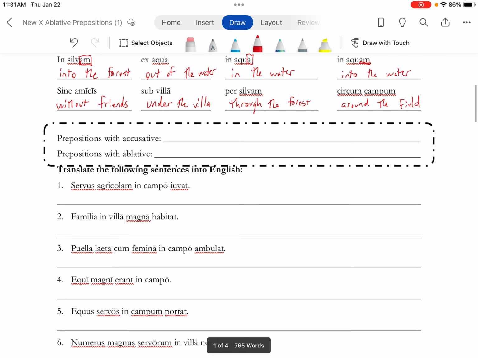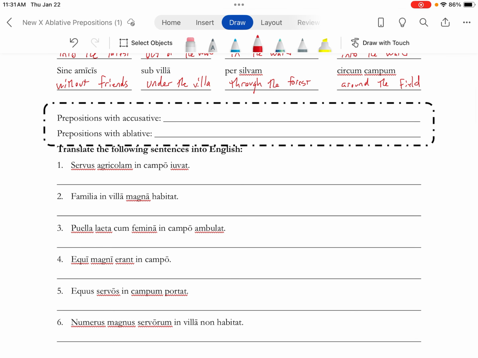Now we've got two boxes, one for accusative, one for ablative. How to discern? The best way to do that is this general rule. When you have prepositions moving towards something, it'll be followed by an accusative. If you have prepositions moving away from, or in a specific spot, those ones will be ablative.